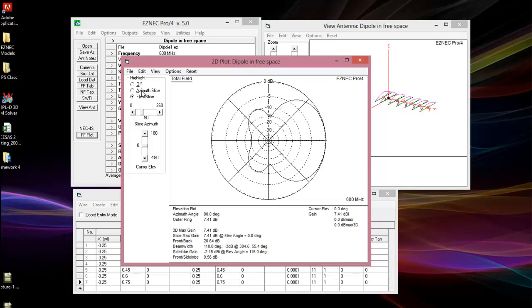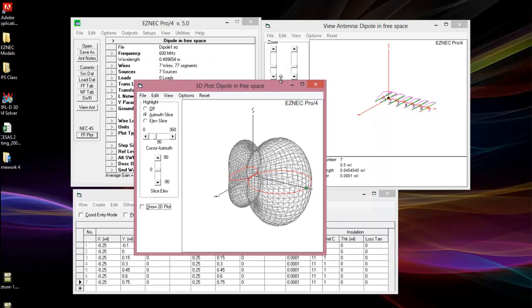The azimuthal plane, this is what we have. It's 7.41 maximum, and you can get all the parameters: beam width, front to side lobe, and many other things.